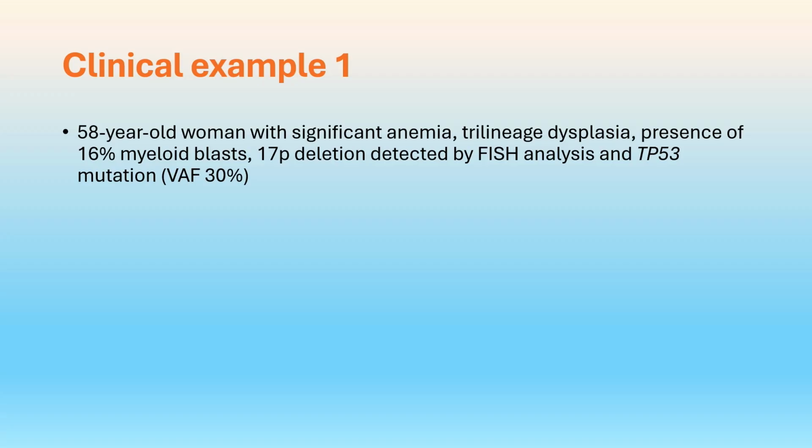Imagine that you have a 58-year-old woman with significant anemia with trilineage dysplasia, presence of 16% blasts, presence of 17p deletion detected by FISH, and P53 mutation. So biallelic abnormality of P53 and increased blasts.